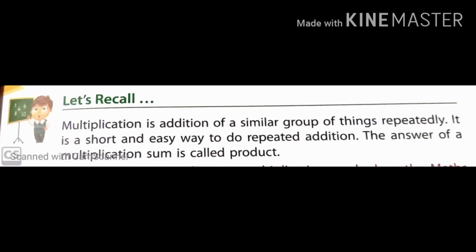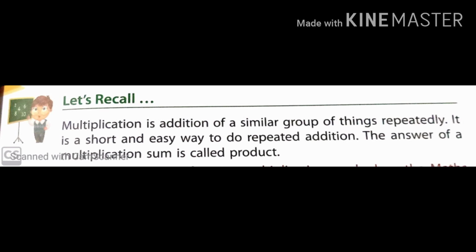What is multiplication? Multiplication is addition of a similar group of things repeatedly.